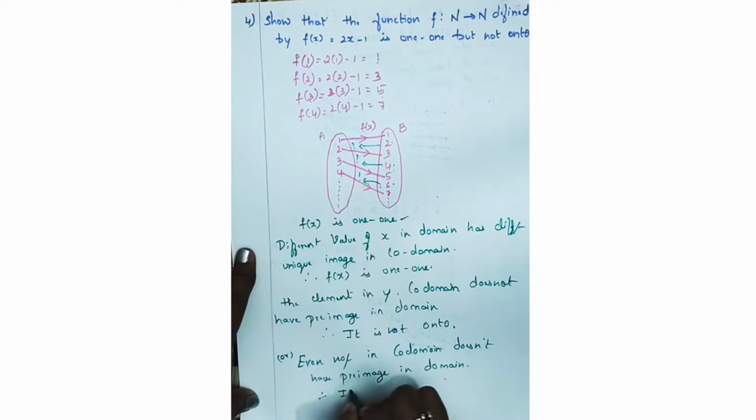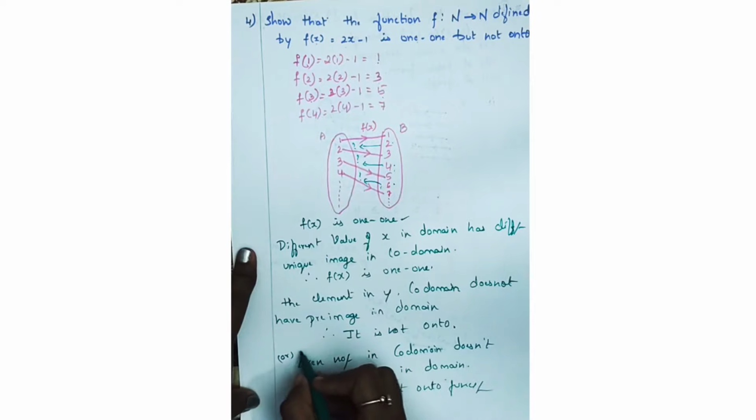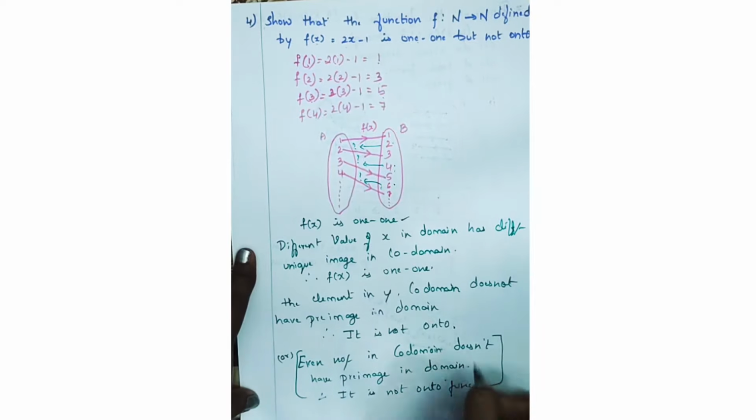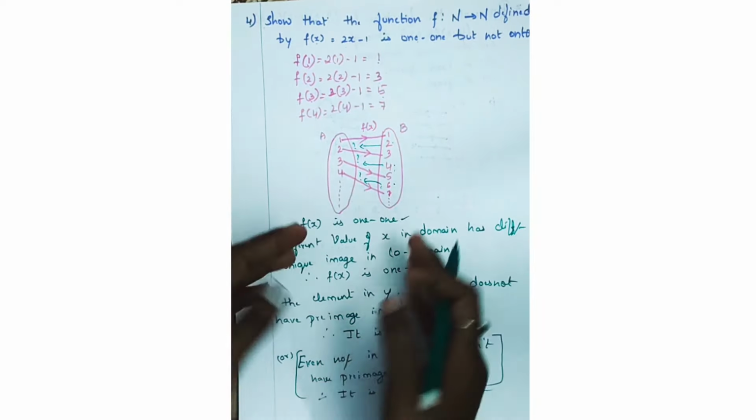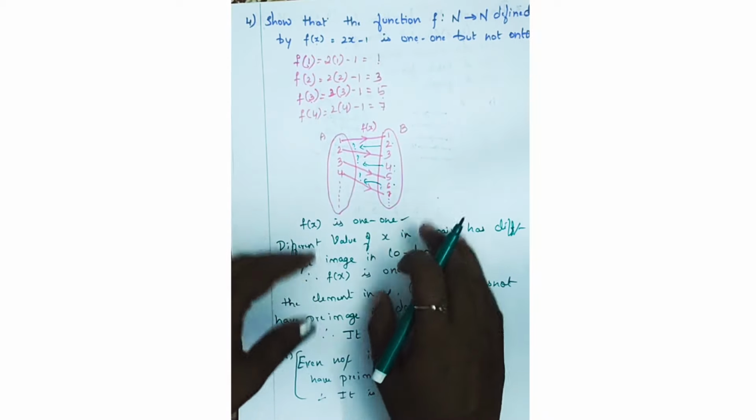Therefore it is not an onto function. You can either write like this or like this, but you have to write a statement like this. Fine. Now we'll see the fifth sum.